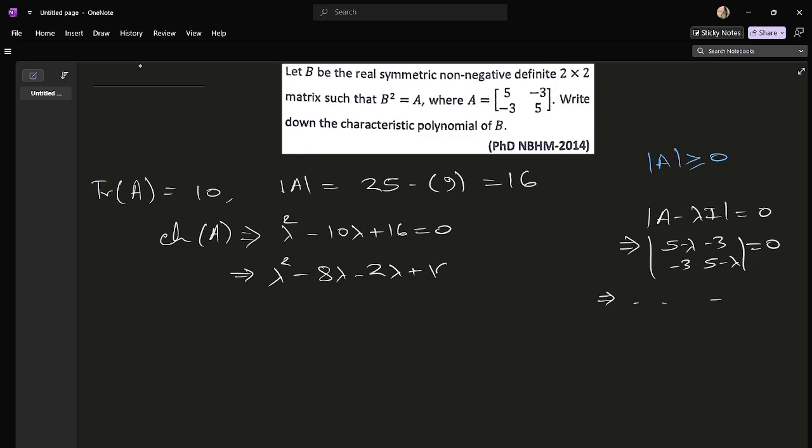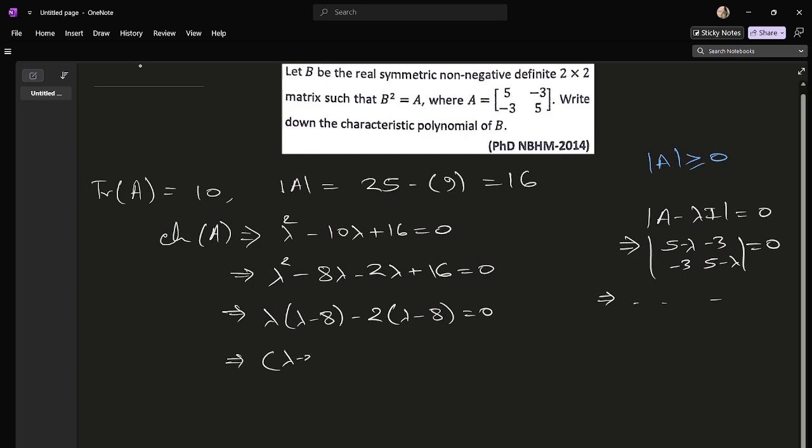The middle term factor you know from your early stages of mathematics. So the eigenvalues of A are lambda equal to 2 and 8.